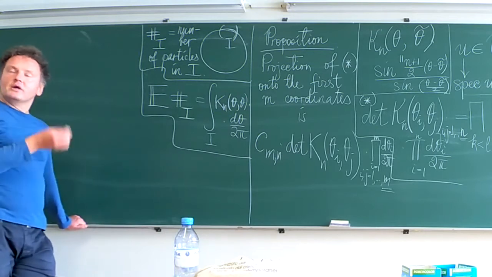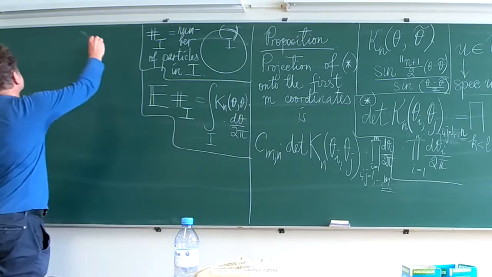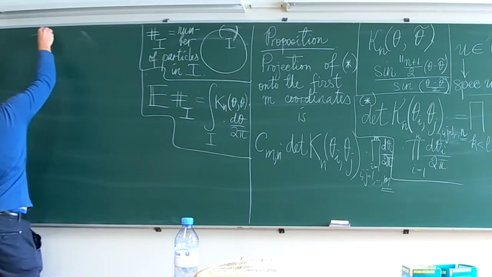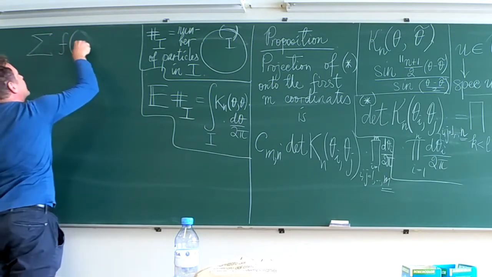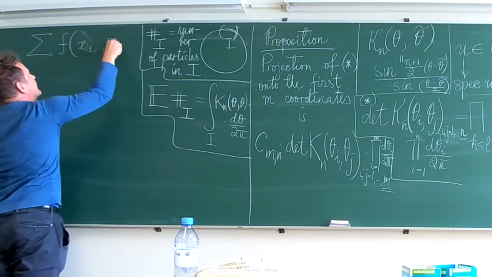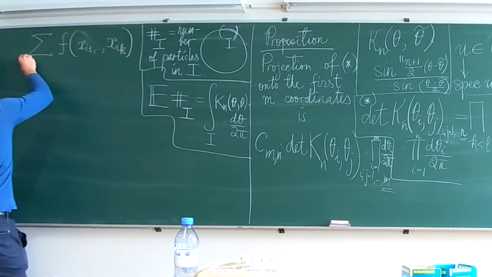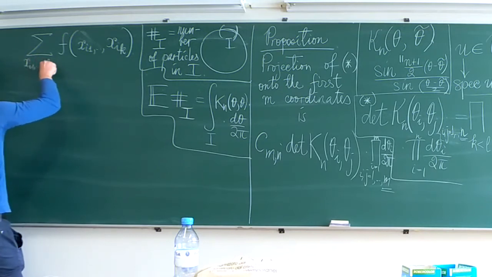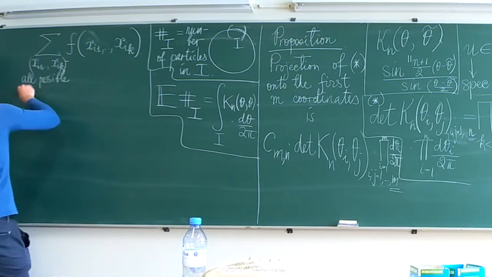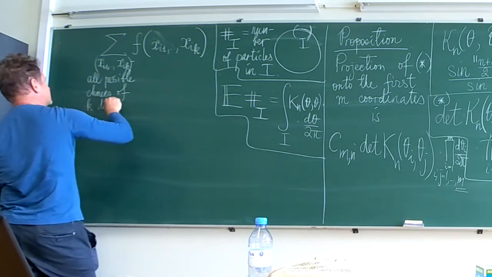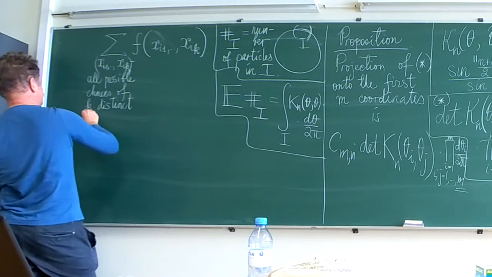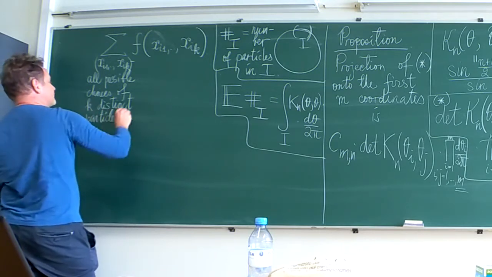What is the expectation of some more complicated function, let's consider something like this: the sum of f(xi_1, ..., xi_k), where xi_1, ..., xi_k are distinct particles, over all possible choices of k distinct particles from x.